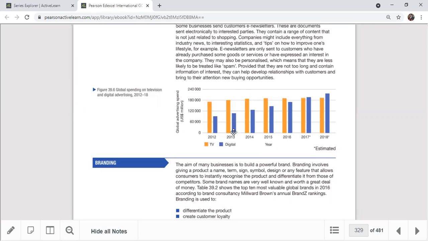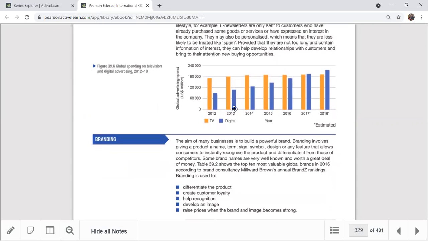You can see here the global advertising expenditure in US dollar millions, from 2012 to 2018, step by step. Television advertising maintains a constant level. But look at the digital, the blue pillars, increasing sharply, a gradual increase. You can see the demand increasing every year.